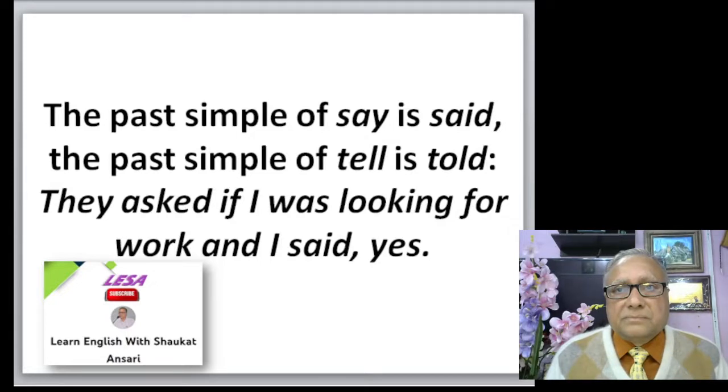And here again, it's an underlying fact to clarify that any verb is used in different forms: verb 1, verb 2, verb 3, verb 4, verb 5. For example, say, said, said, saying, says, tell, told, told, telling, tells.